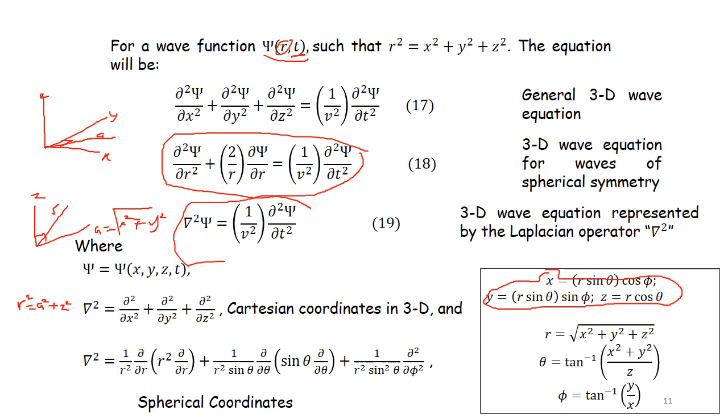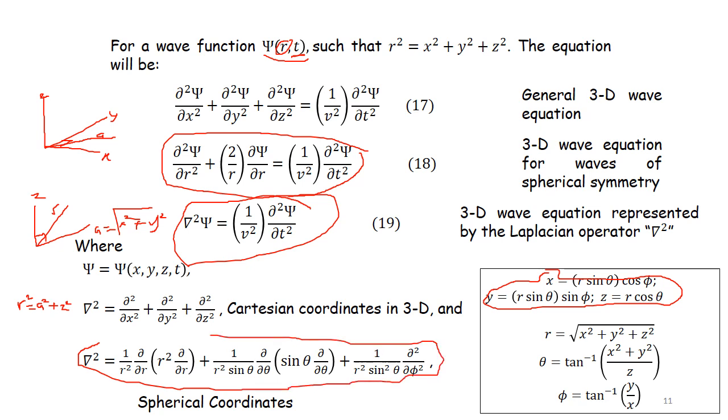Simplify with this expression. Okay, where the Laplacian operator is represented as this. I'm just introducing you to this at this level. For those at higher level, you will relate more with this. Some of these are equations or expressions, at this level also familiarize yourself with them.